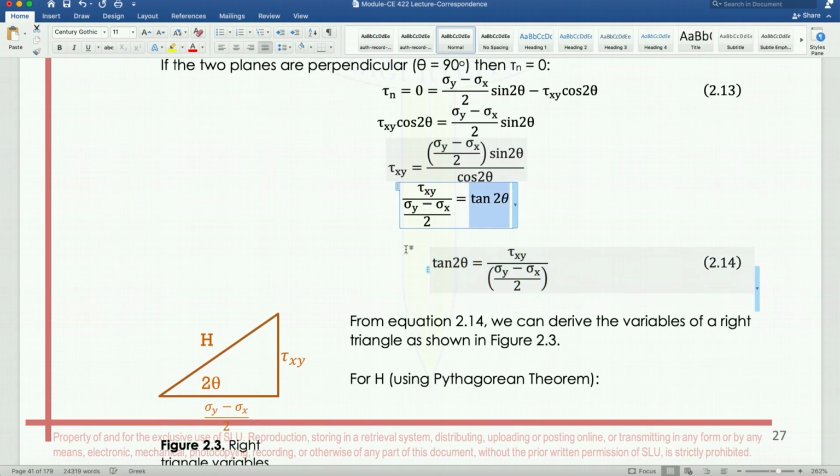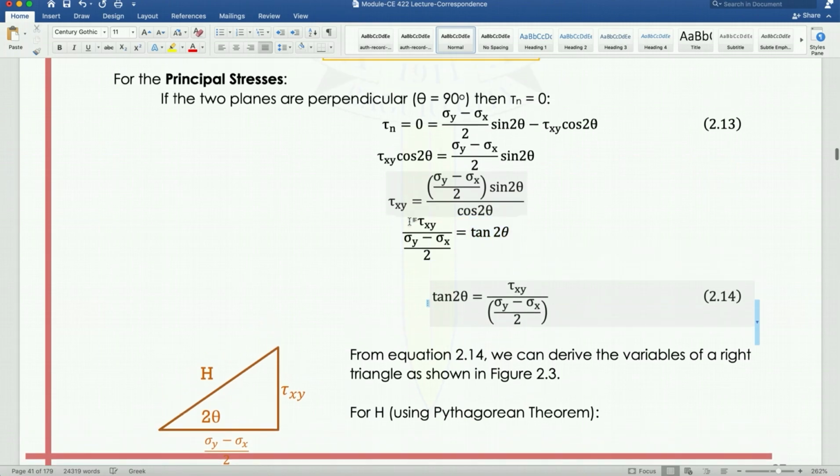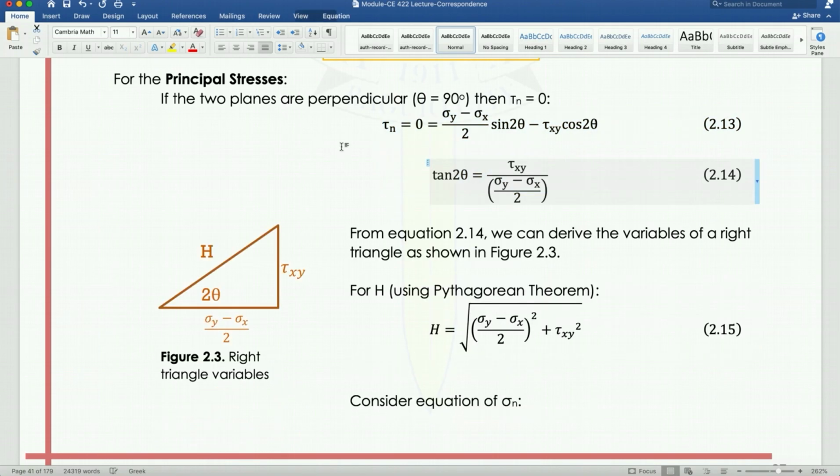Burahin natin tong part na to so we can see the diagram very well. Ayan. So, tangent 2 theta. So, this is the angle. So, you have 2 theta is equivalent to opposite. This is the opposite side. And this is the adjacent side. So, from there, we were able to draw our right triangle.